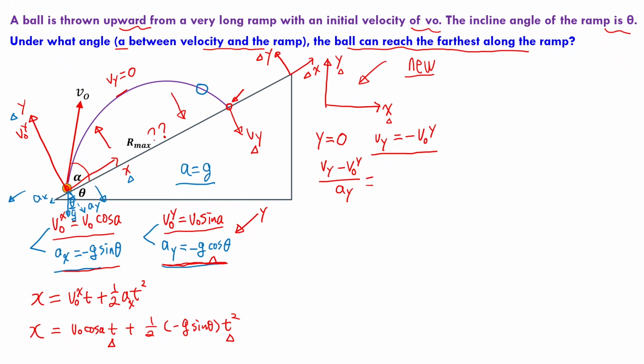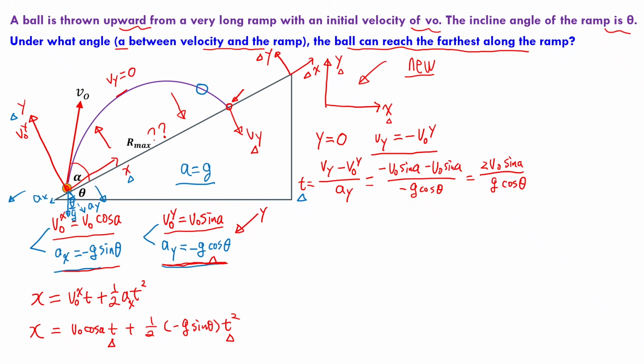So this equation becomes minus V0 sine alpha minus V0 sine alpha, divided by minus g cosine theta. Then the total time equals 2V0 sine alpha divided by g times cosine theta. This is the total time when the ball hits the ramp.